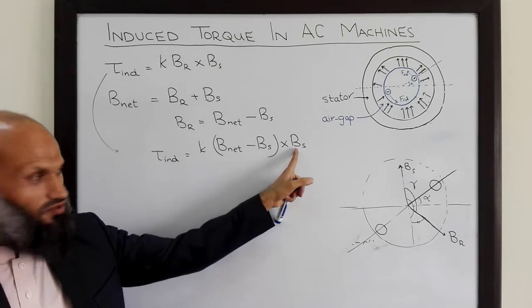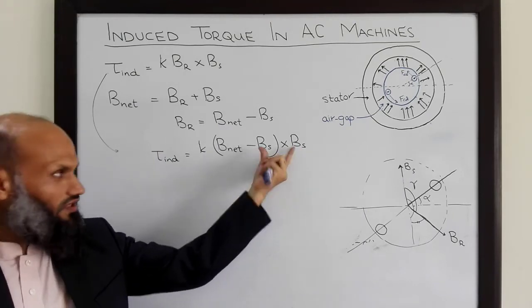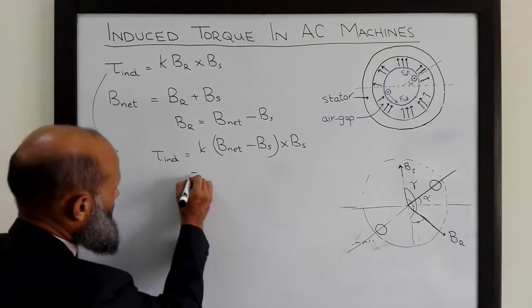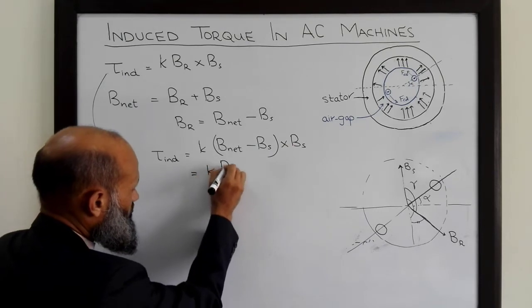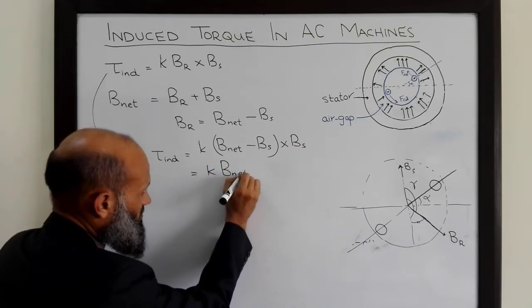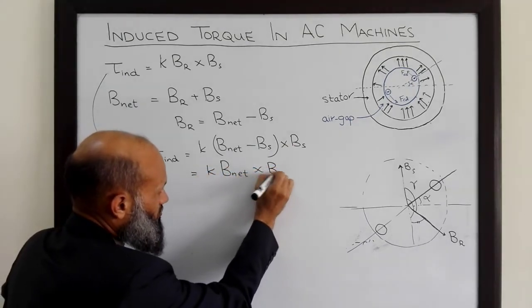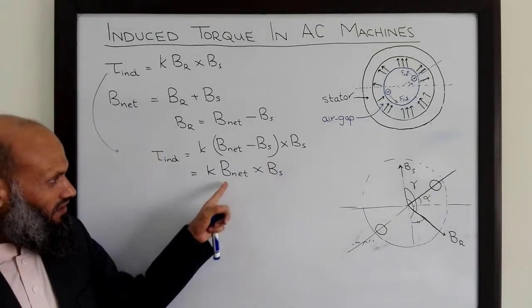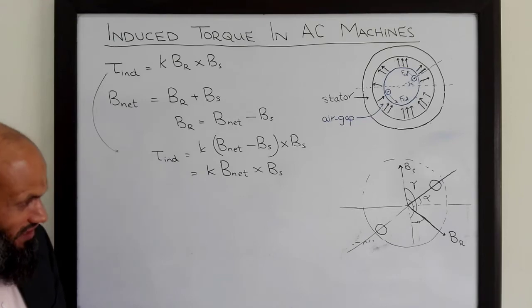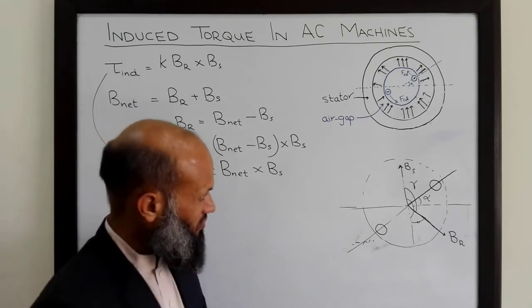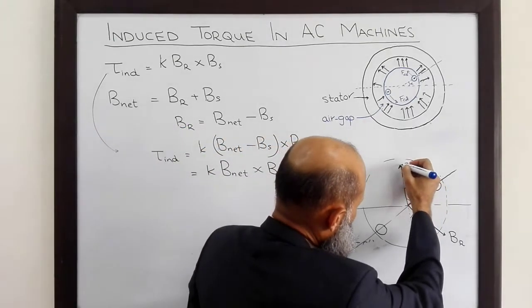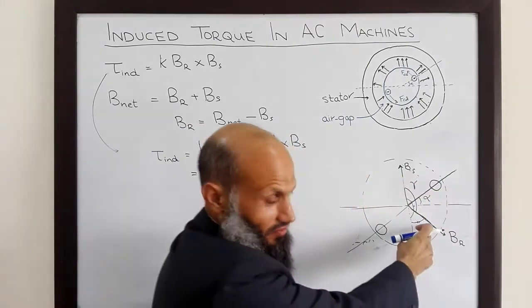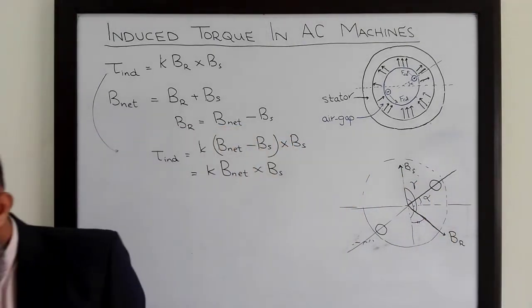Bs is parallel to Bs, so the cross product of these two vectors is 0, and we have K B net cross Bs. So induced torque is given by this relation, where B net, if I graphically show it, I draw to graphically add these two vectors.